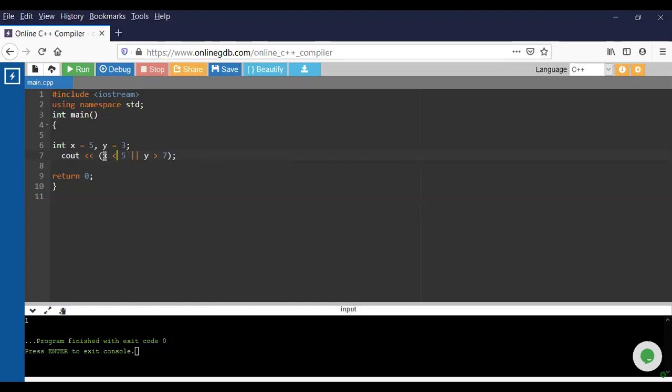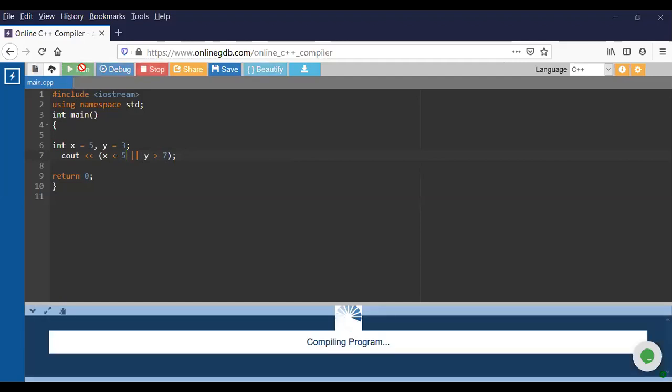The value of x is 5, so less than 5, it is true. But y greater than 7 is wrong because y is less than 7. But one condition is true, so the answer will still be true here.